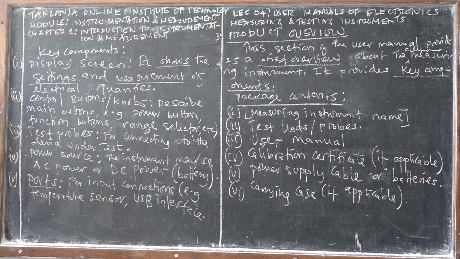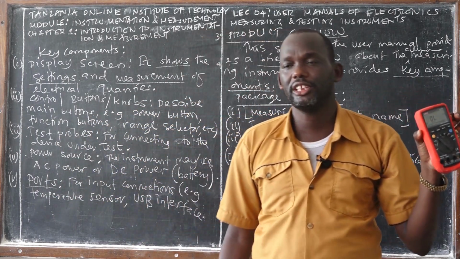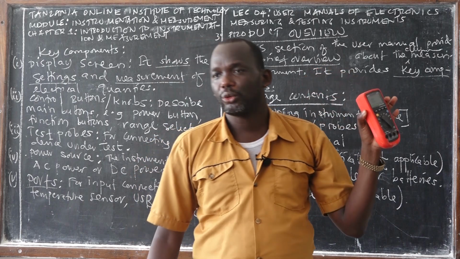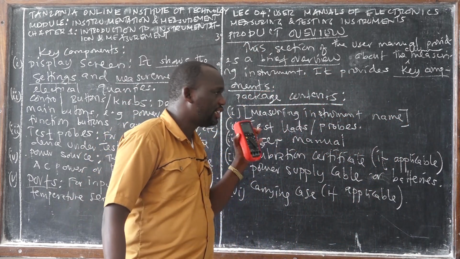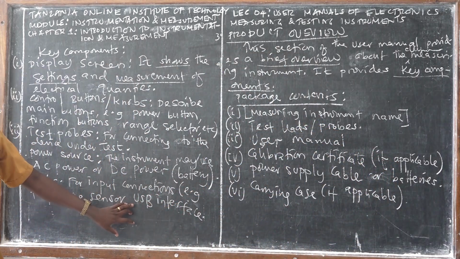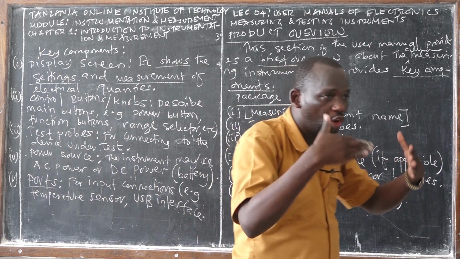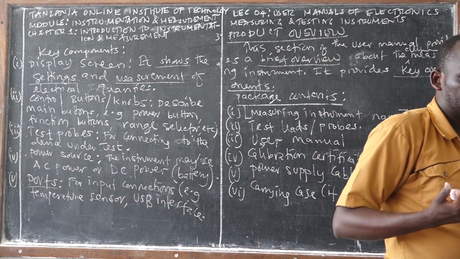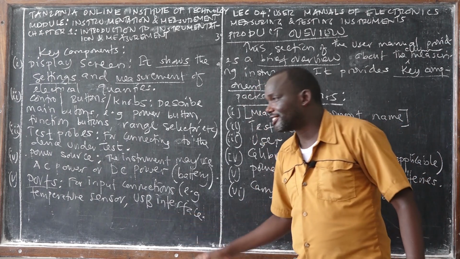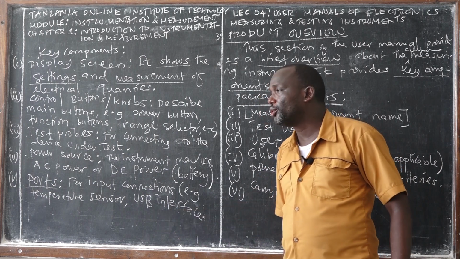Let me talk about ports. In this digital multimeter, we don't have ports. But in our digital oscilloscope, we have a port, and that port is a USB interface. Those ports may act as an input to the measuring instrument, or as an output. Sometimes you introduce a signal from another source into the measuring instrument.